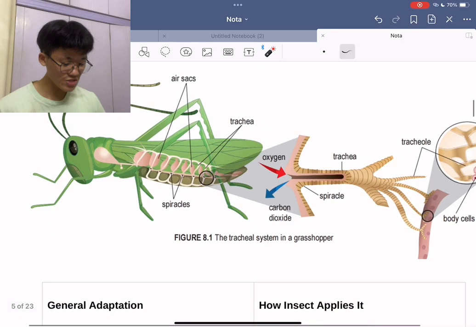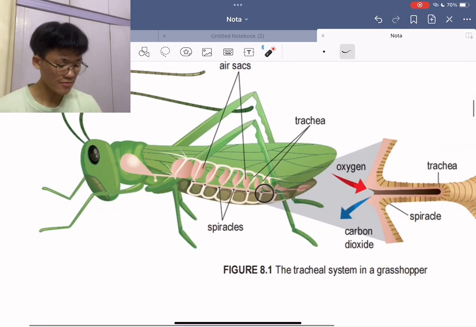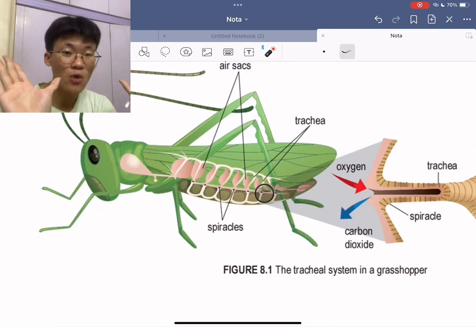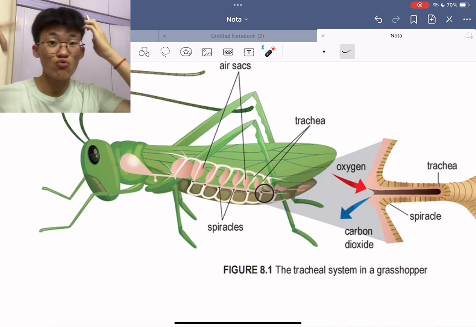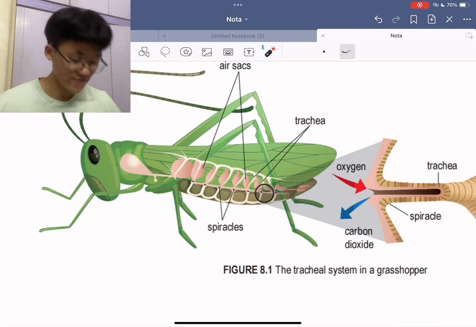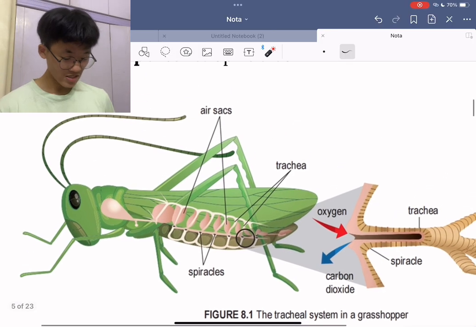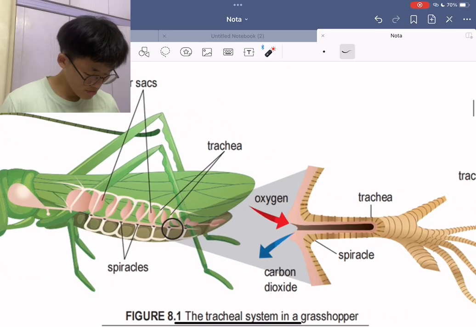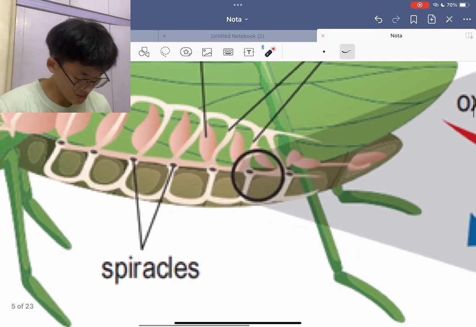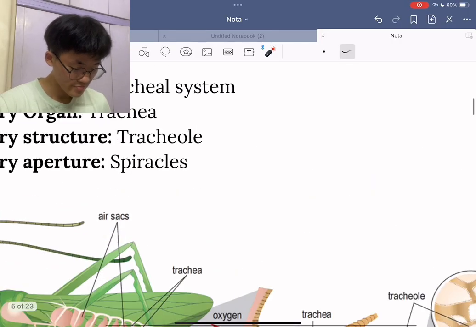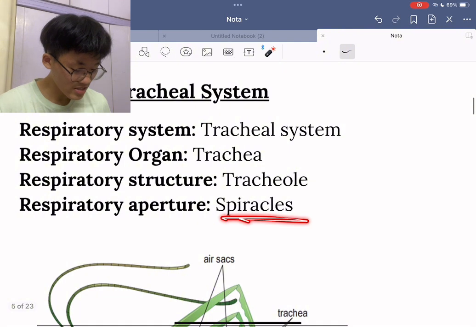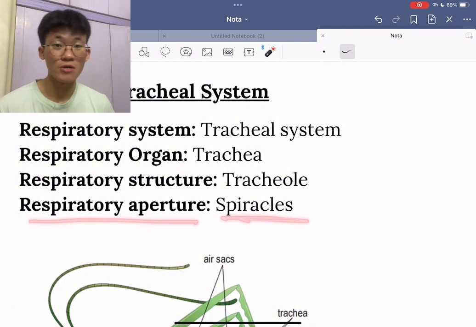Tracheole. You see, this is the insect, a grasshopper. I want you to visualize first. This is the grasshopper, right? So this is the spiracle. The spiracle is the respiratory aperture.